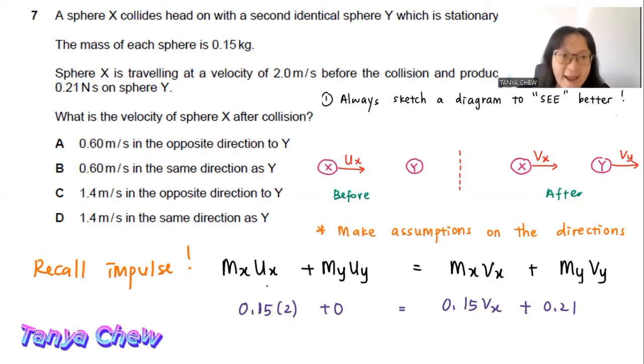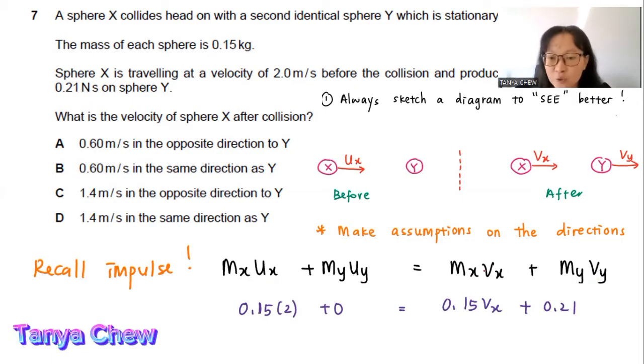So this is mass of X 0.15, initial velocity of X, which is 2, and Y, uy, initial momentum of Y is equal to 0, which is equal to mX is 0.15, vX is the one that I have to find, which is the velocity of sphere X, and Y, vy, I sub in the final momentum of Y as 0.21 Newton second.